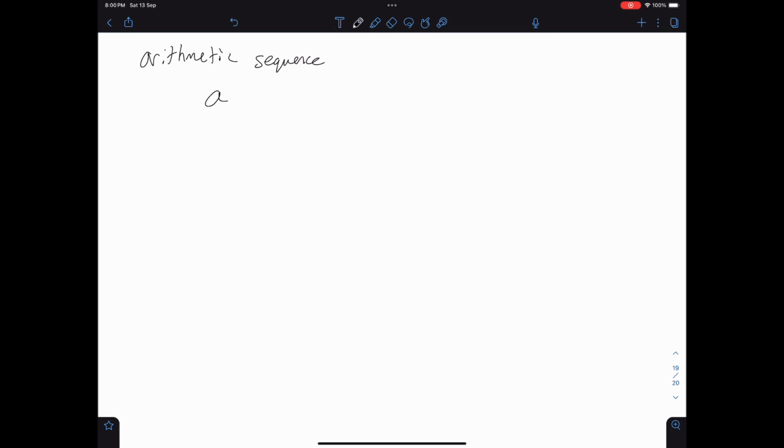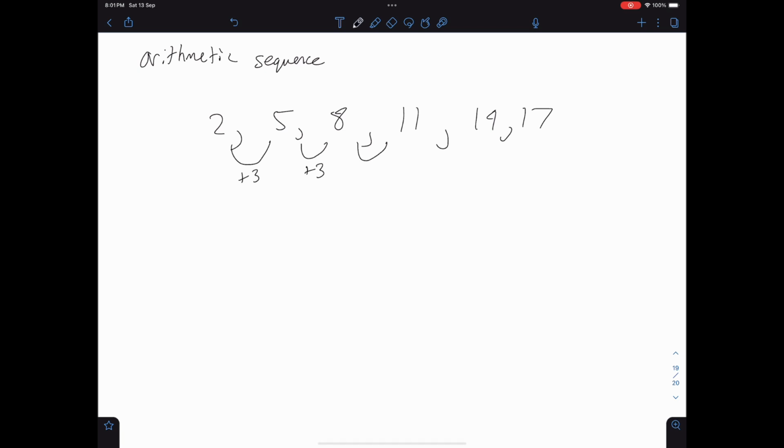Let me give you an example of an arithmetic sequence: 2, 5, 8, 11, 14, 17. So it goes up by 3 every time, and it's a constant difference.